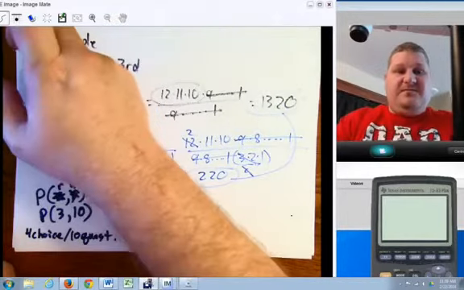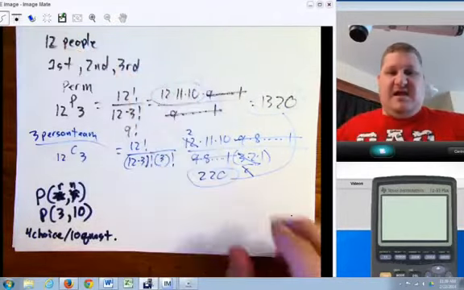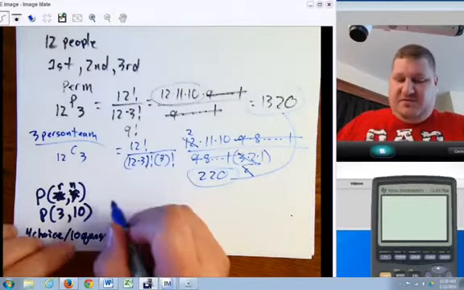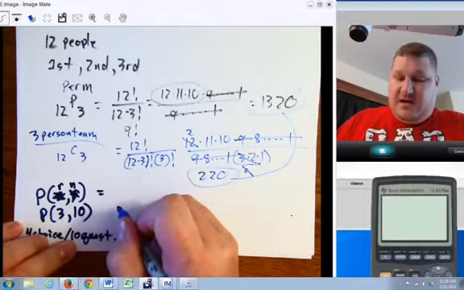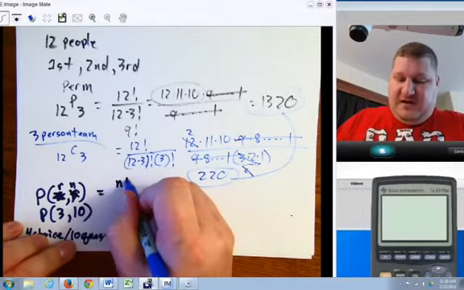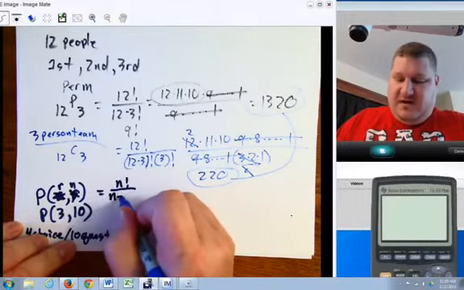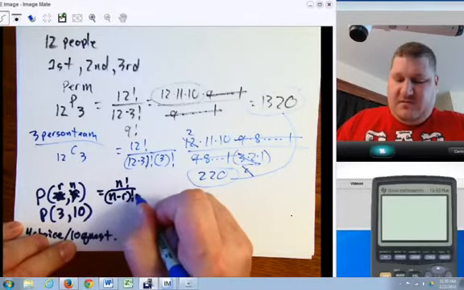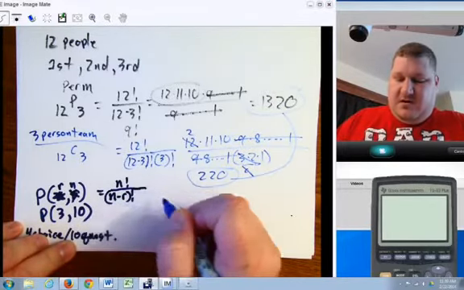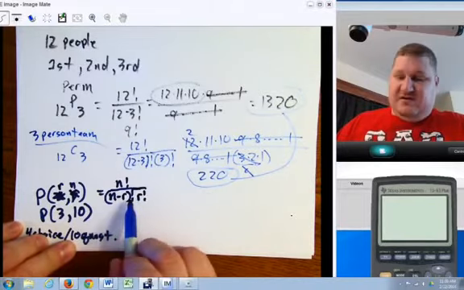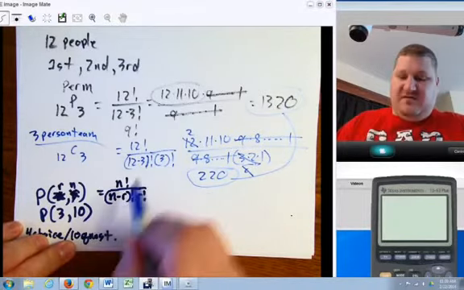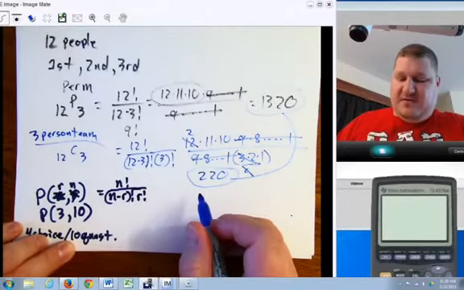Now, to get exactly 3 out of those 10 correct, I need to use the formula. That formula is going to be n factorial over n minus r factorial, r factorial, because again, I don't care which 3 I get correct, so order does not matter. That's how all this ties together.